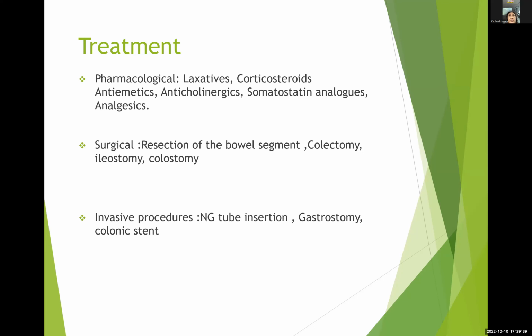We have to use stool softeners. Avoid using bulk laxatives. Can you please tell me why do we avoid that? It will cause more obstruction, it will not help the peristalsis of the intestine if you use bulk laxatives. Yes. It may add to pain and obstruction.